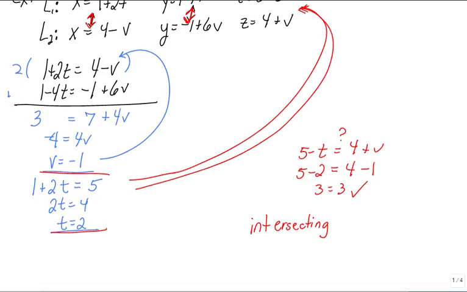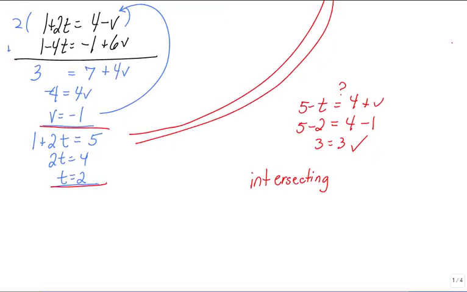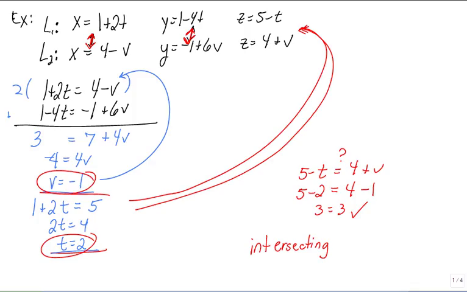Now where do they intersect? All you have to do is substitute this v and this t into any of the line equations. So let's substitute into line 1. So we get x equals 1 plus 2t, t is 2, so 5. y is 1 minus 4 times 2, which is negative 7.